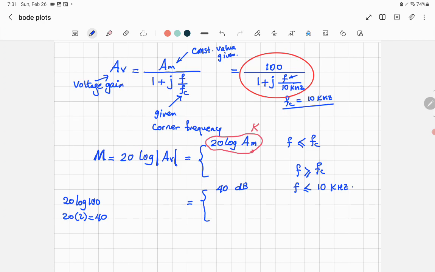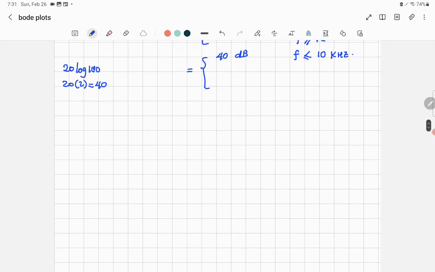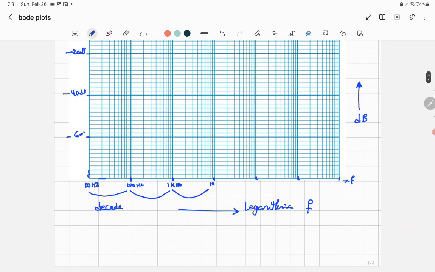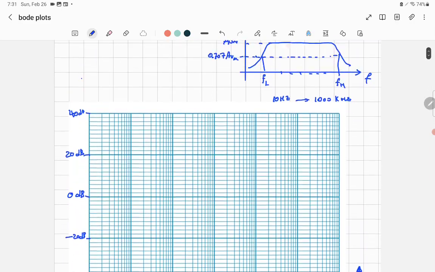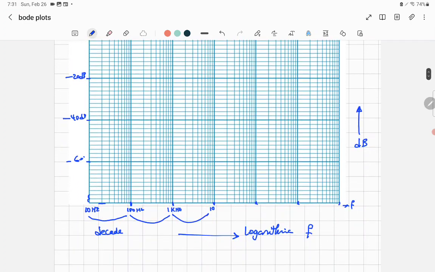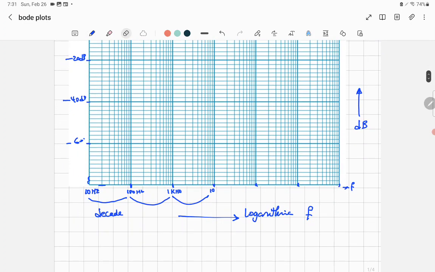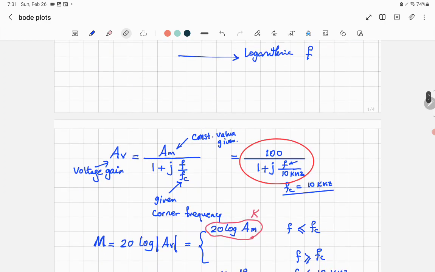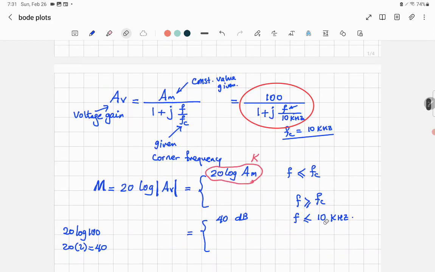So I already have a corner frequency equal to 10. I'll go ahead to the semilog paper here, and I will divide the horizontal axis, and the 10 kilohertz. It's good practice if you can find 0.1 of the corner frequency and 10 times.